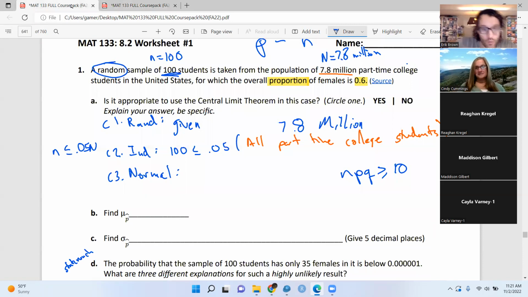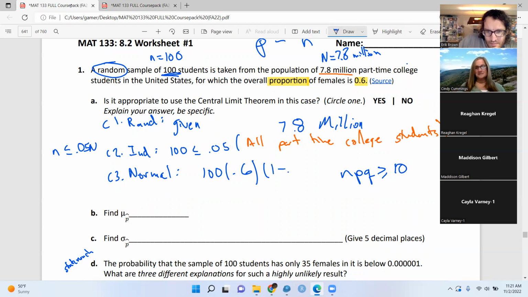So we are going to do the 100 for the sample size times the 0.6 for the probability of success, meaning 60% of these students were female, times the 0.4. Let me actually write that, and that's how we calculate that.